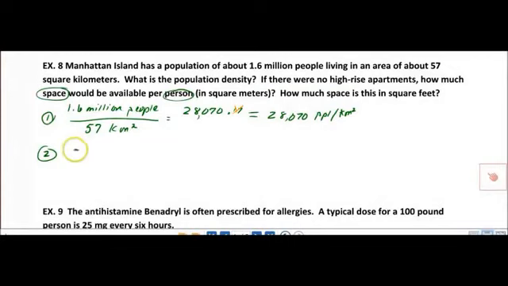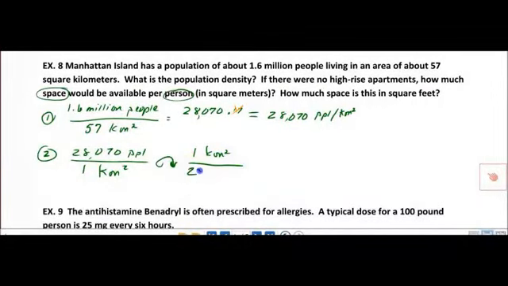So if I take the 28,070 people, which was people divided by square kilometer, and invert that to become square kilometers per person, remember this is a fraction over 1, then if I invert that fraction, I'll just flip it over, it becomes 1 kilometer squared over 28,070 people. Whoops, let me fix that.